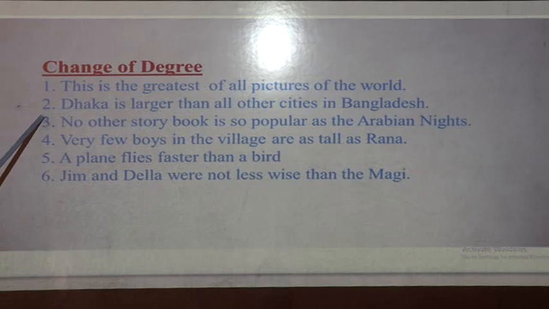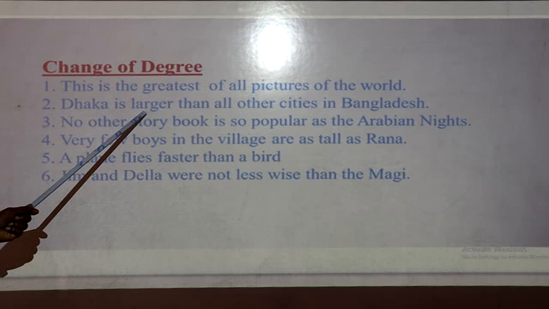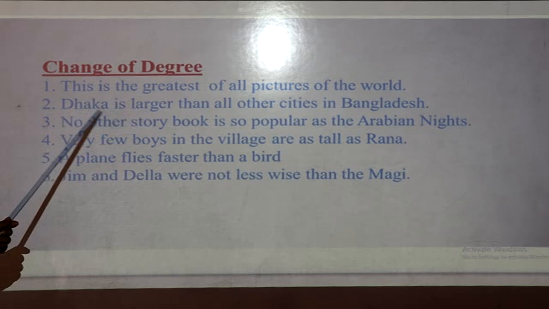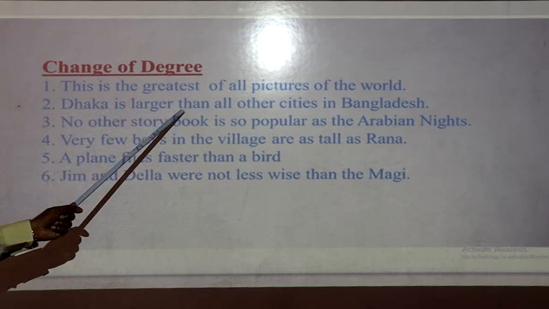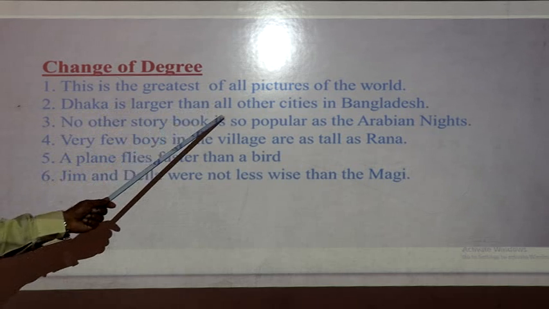Number 2, Dhaka is larger than all other cities in Bangladesh. It is comparative degree. We have to make it positive degree. There is the use of than all other cities.